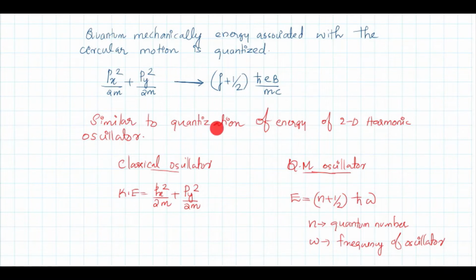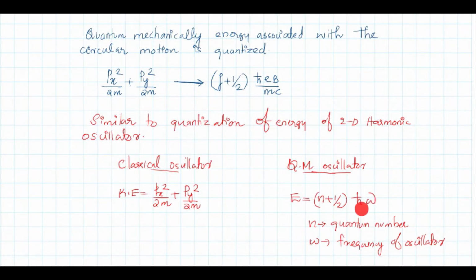For understanding this, you can compare with the two-dimensional harmonic oscillator case. For the classical oscillator, the kinetic energy is px square by 2m plus py square by 2m. But quantum mechanically, the energy of a two-dimensional harmonic oscillator is n plus half h cut omega, where n is a quantum number and omega is frequency of the oscillator.